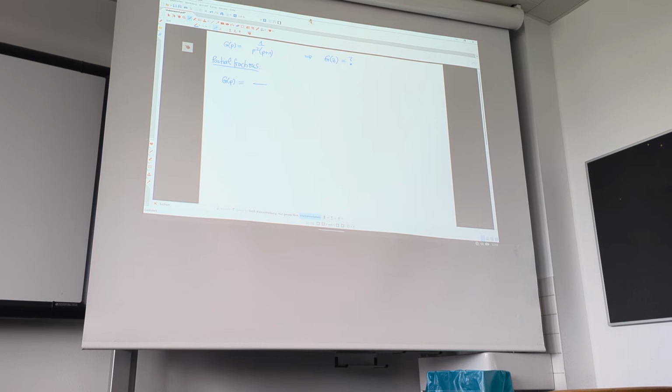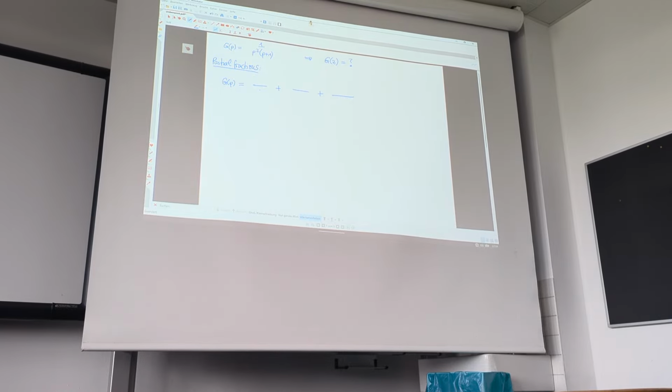So we divide this expression into 3 parts. The first denominator would be p plus 1.